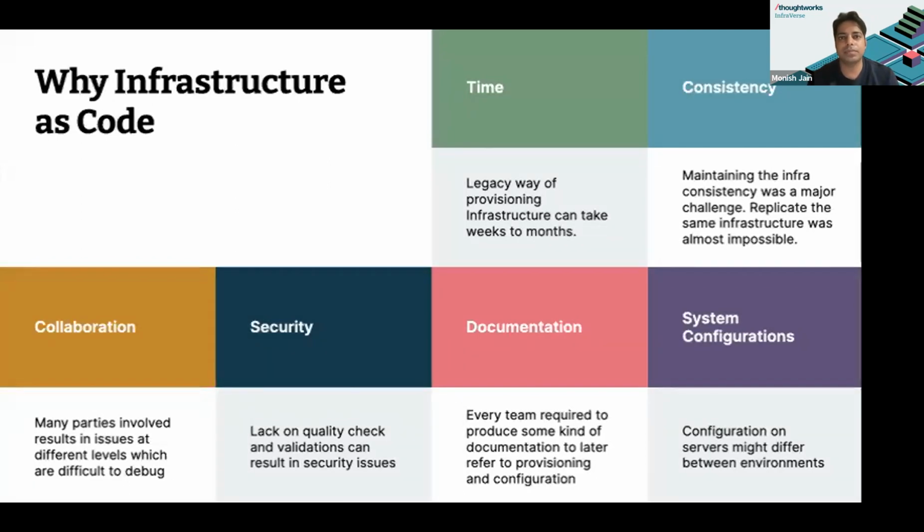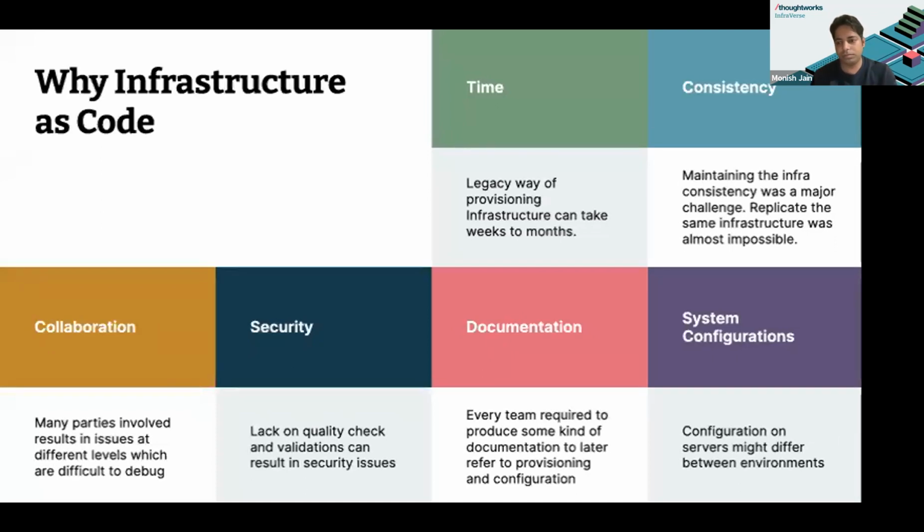Another important benefit from IaC is consistency. Once we have written the code, we can run it any number of times and we should expect similar results, however many times we run it. That brings consistency and more accuracy towards the expectations.